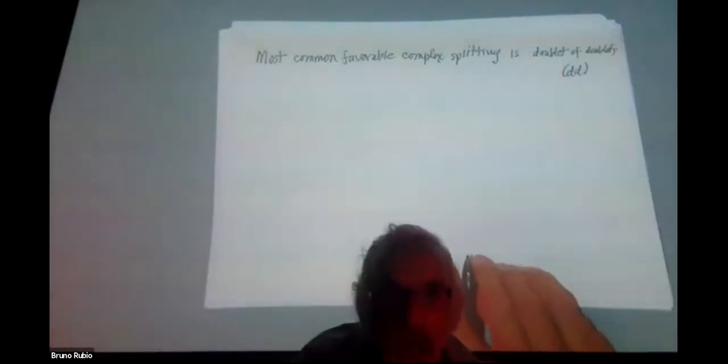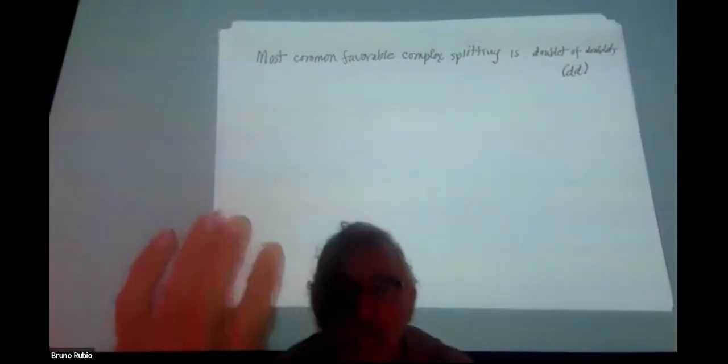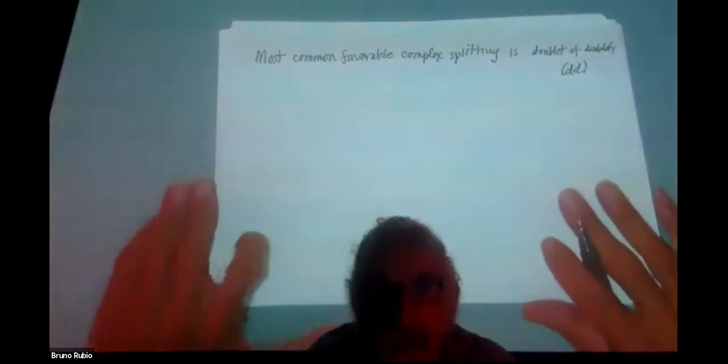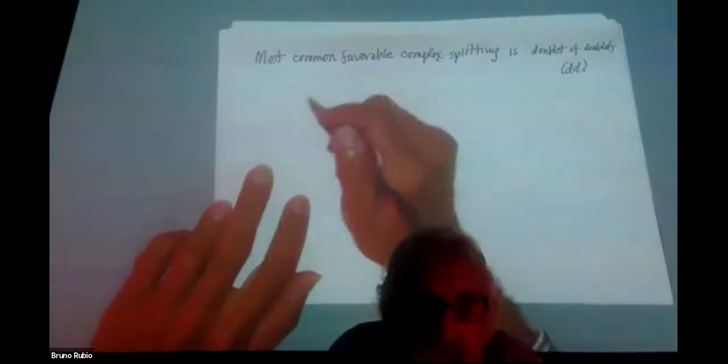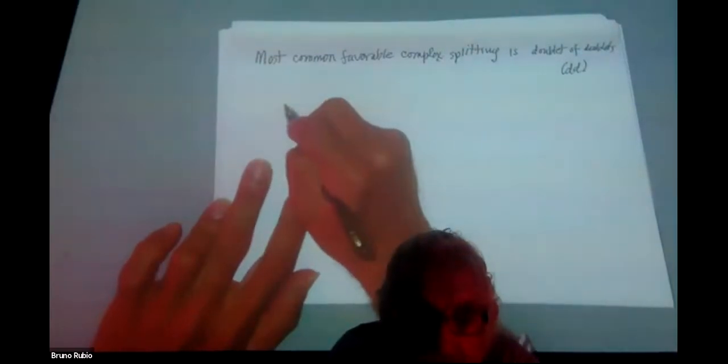I turn the splitting onto the left, I get a doublet. Then I turn the splitting onto the right, I get a doublet. So that's where the doublet of doublets comes from. Okay, and so now let's look at a situation where we would see something like that.